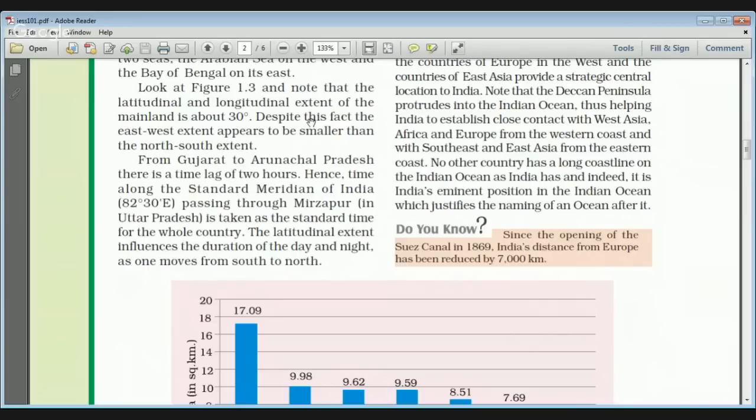Despite this fact, the east-west extent appears to be smaller than the north-south extent. The reason why the east-west extension appears smaller than the north-south extension of India is that all the longitudes are equal, but they converge towards the poles. So as we move from the equator up to the poles, the gap between two longitudes goes on decreasing.